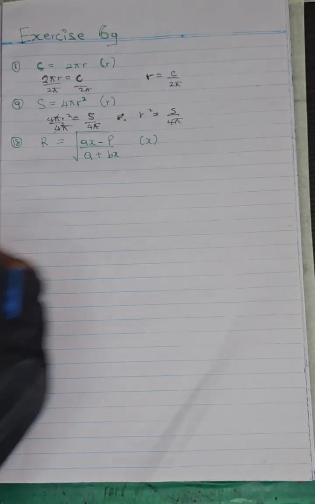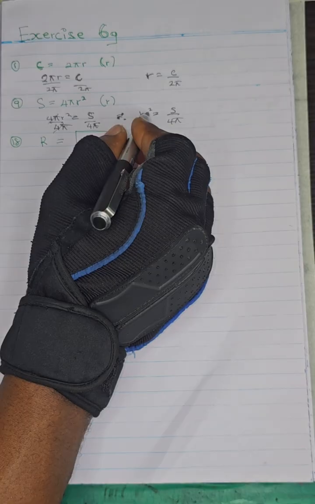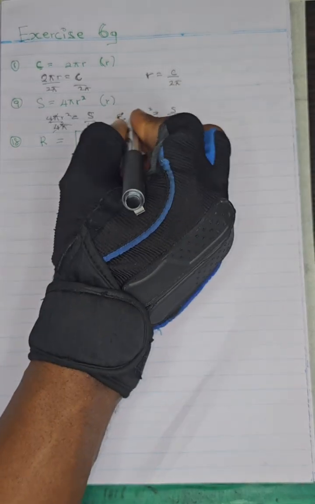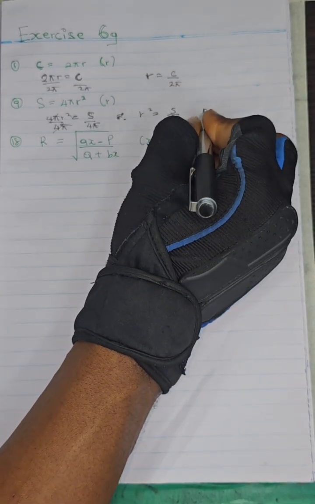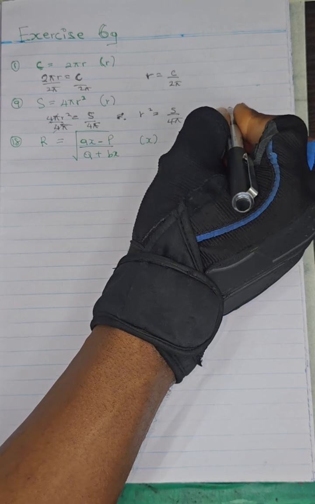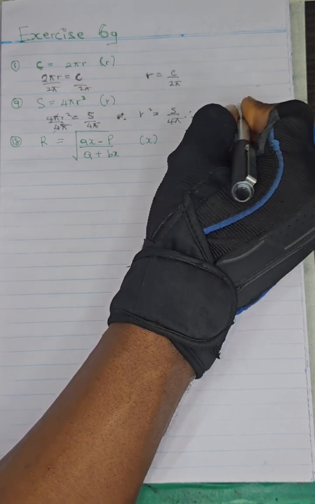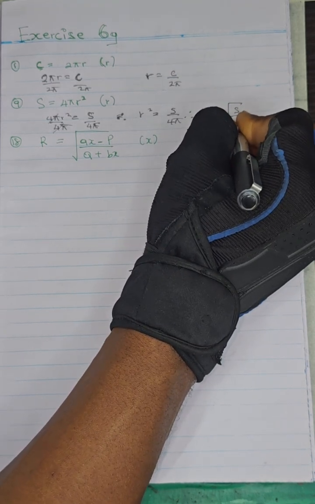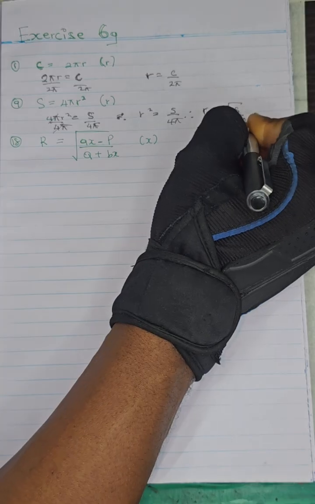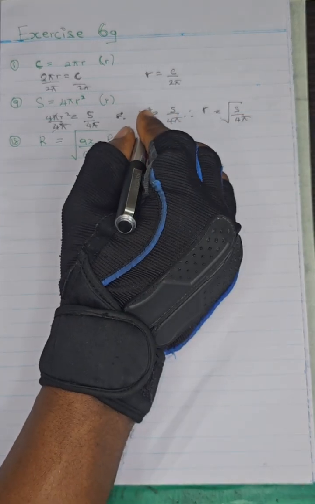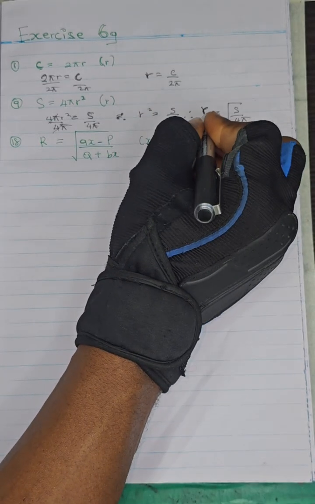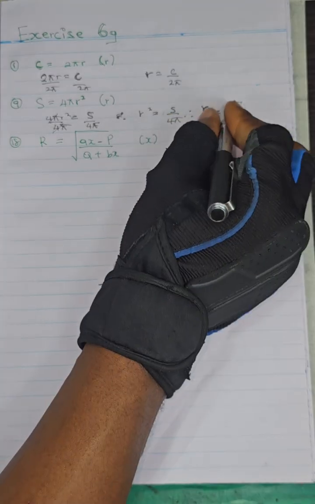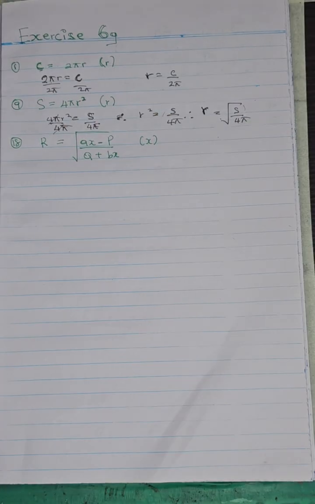But we can't leave it as r squared, so we go for r. We find the square root of both sides of the equation. Therefore r will be equal to the square root of s over 4 pi, because the square root cancels the square, so the r will now be alone.